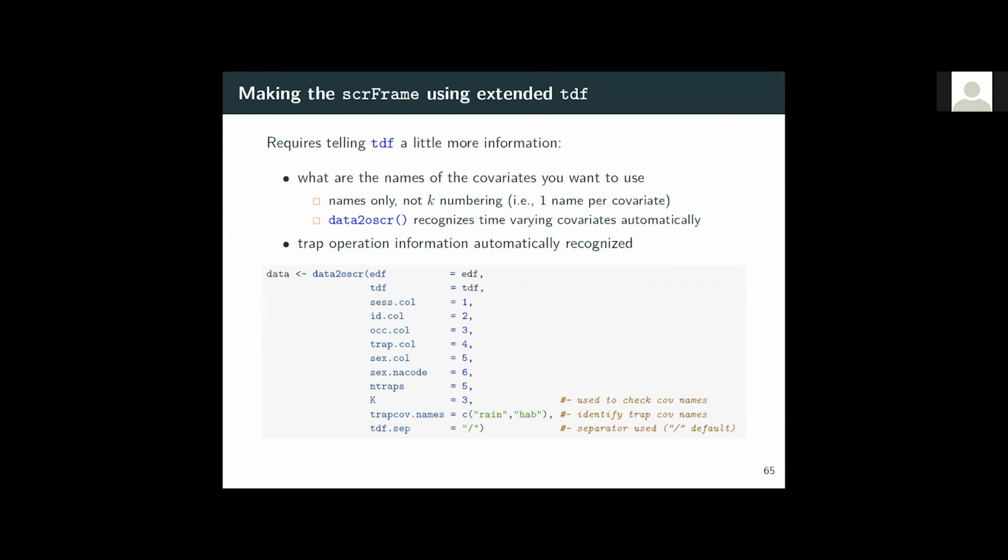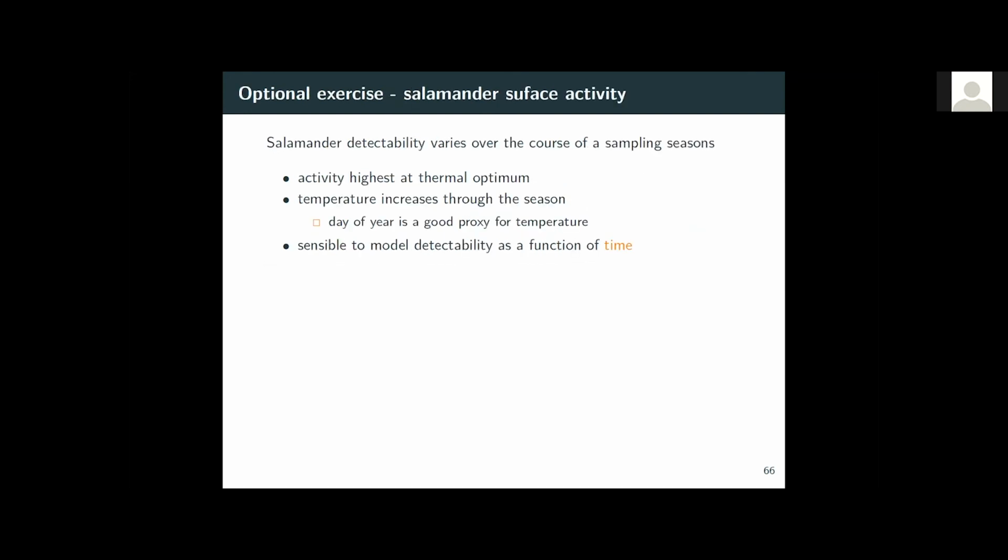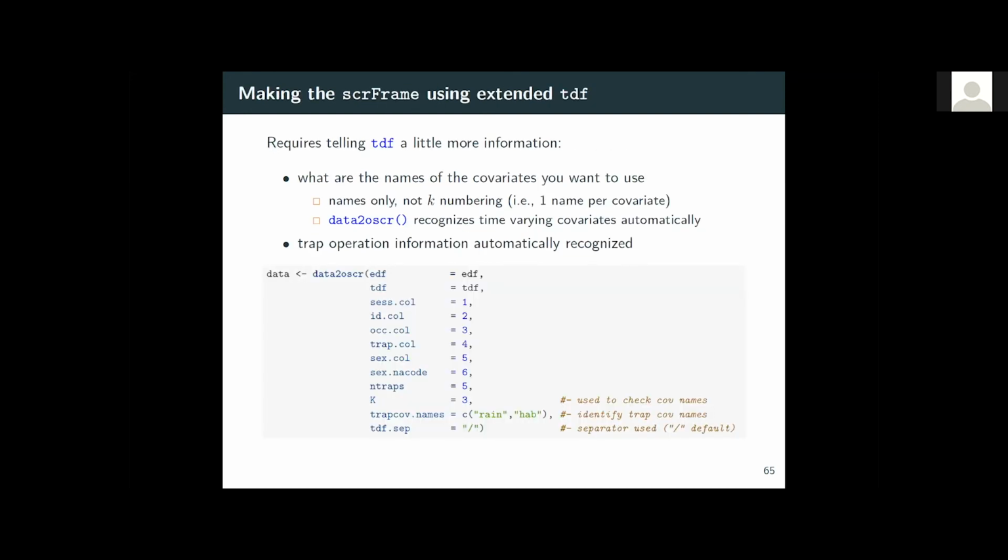And that just tells data to OSCR, here's the separator column, anything to the right of that is covariates, anything to the left is structural information about the trapping. So that's those extra information. I hope that answered some of the questions that came up about trap operation data and covariate data.